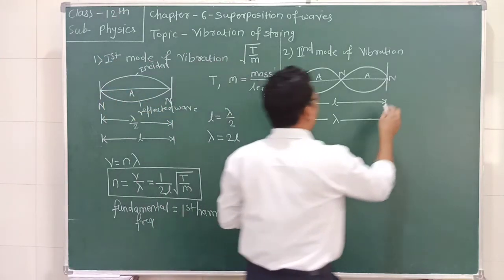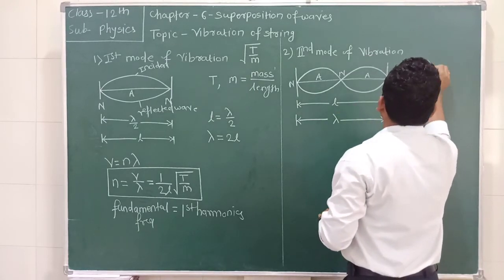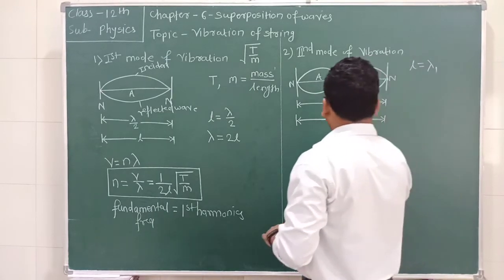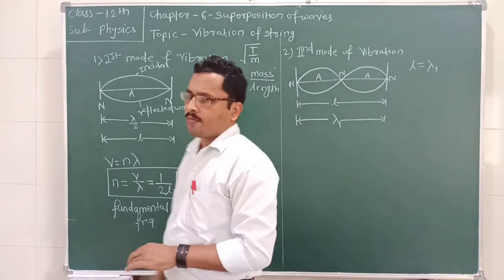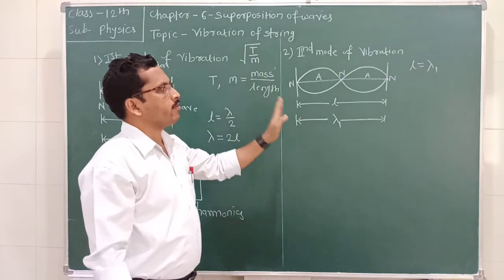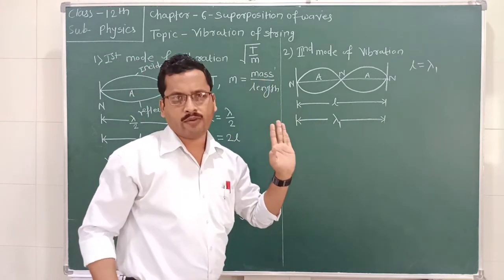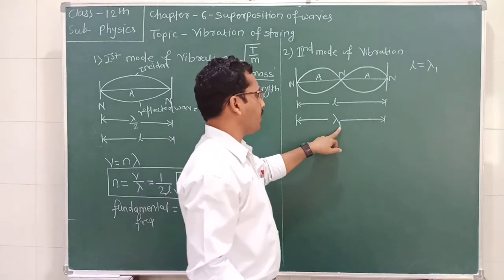So here we can write this L is equal to lambda, but we denote it as lambda 1 because this is the second mode of vibration. Therefore, it vibrates with a different frequency as well as a different wavelength. So this is the wavelength lambda 1.